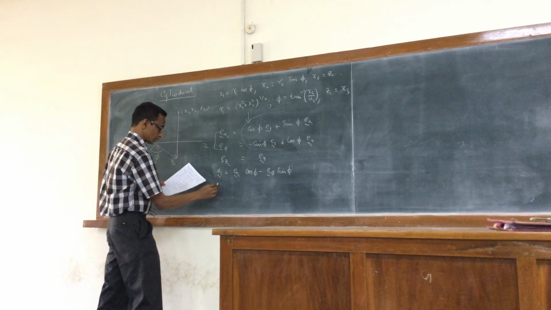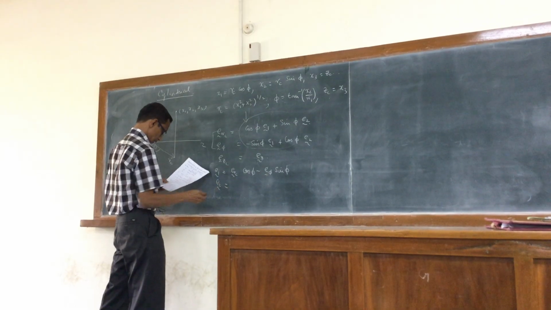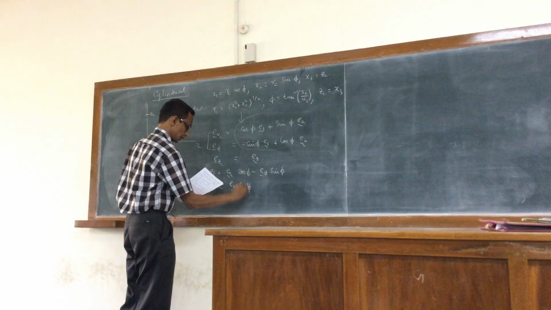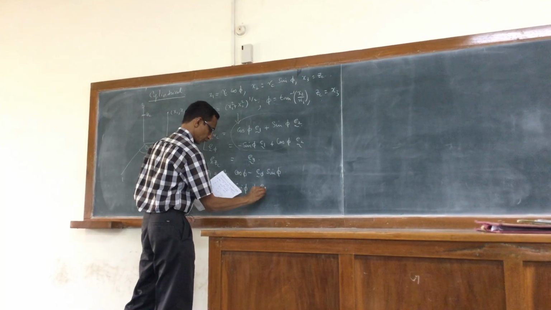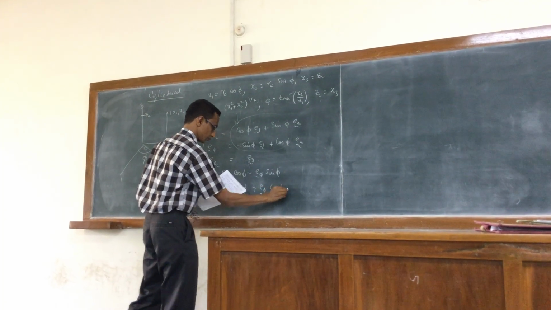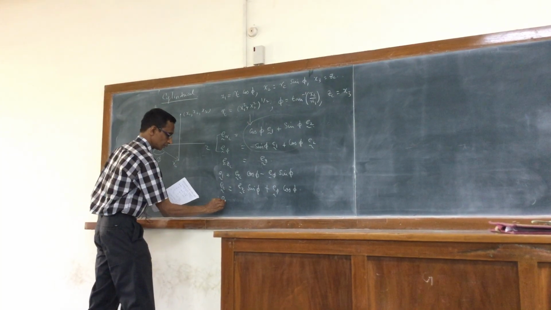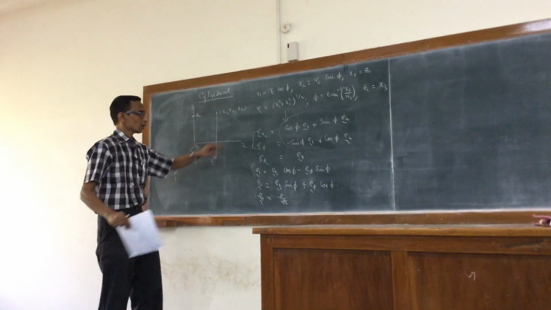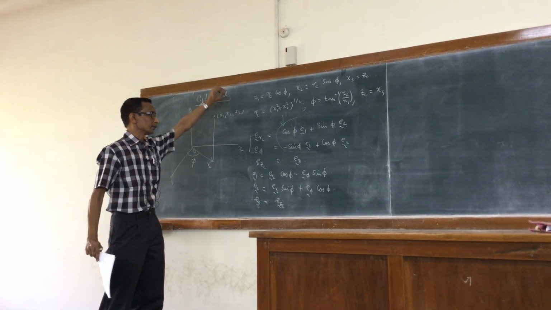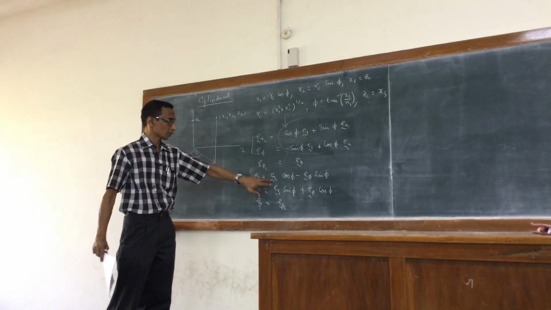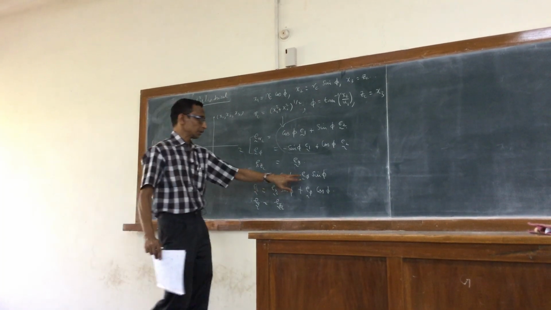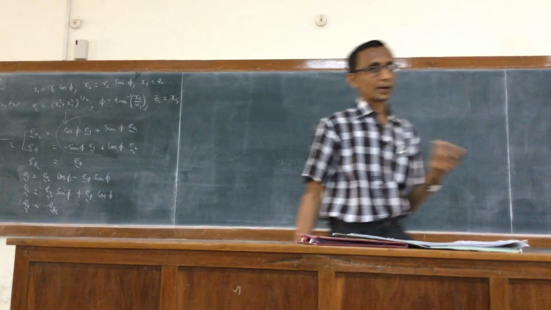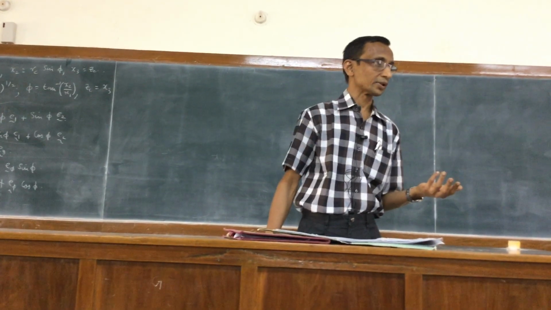And then E2 is equal to E_RC sin phi plus E_phi cos phi. And then E3 is equal to E_ZC. So inverting this is very easily seen. E1 dot E_RC from here is cos phi, and E1 dot E_phi is minus sin phi. So you can easily, by inspection, write the inverse relations.